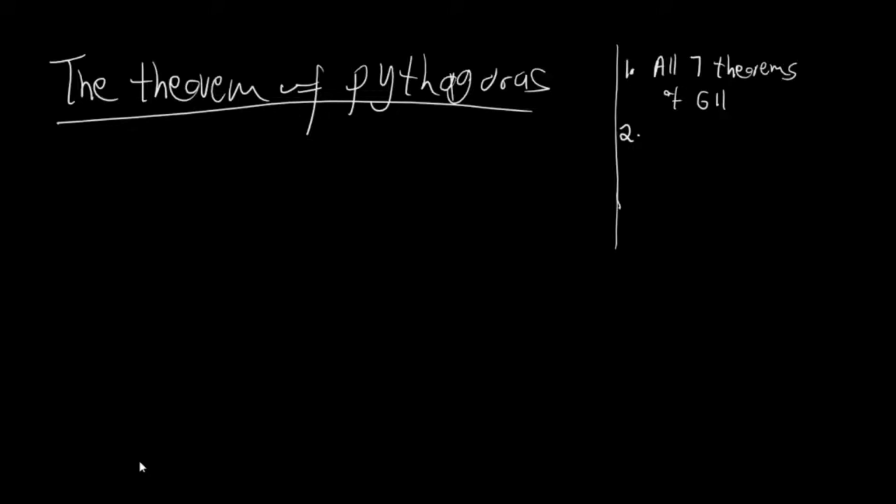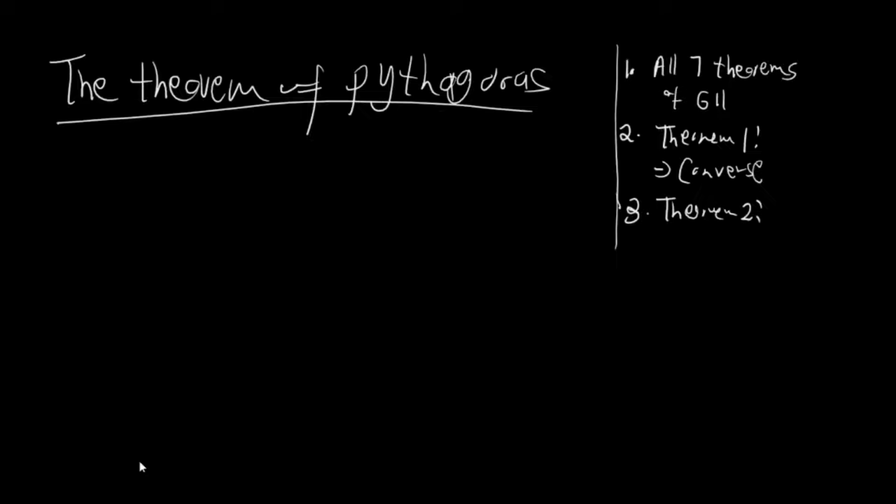Secondly, you need to have done theorem 1, which talks about the triangular proportionality, or line parallel to one side of the triangle, and its converse.